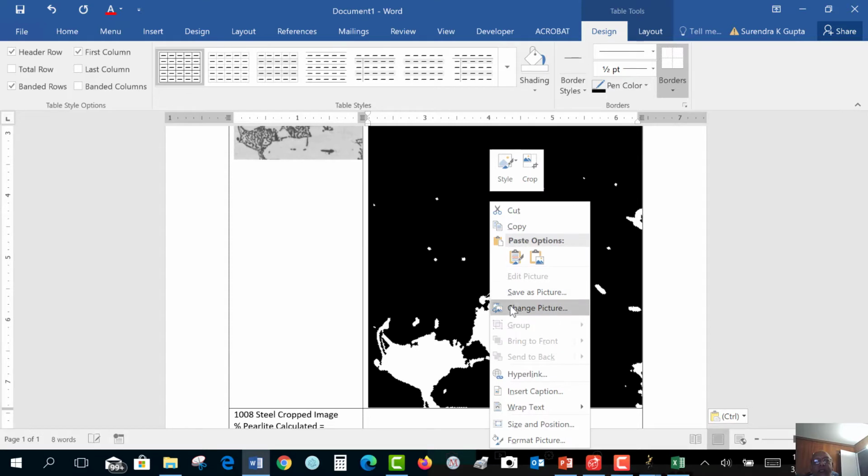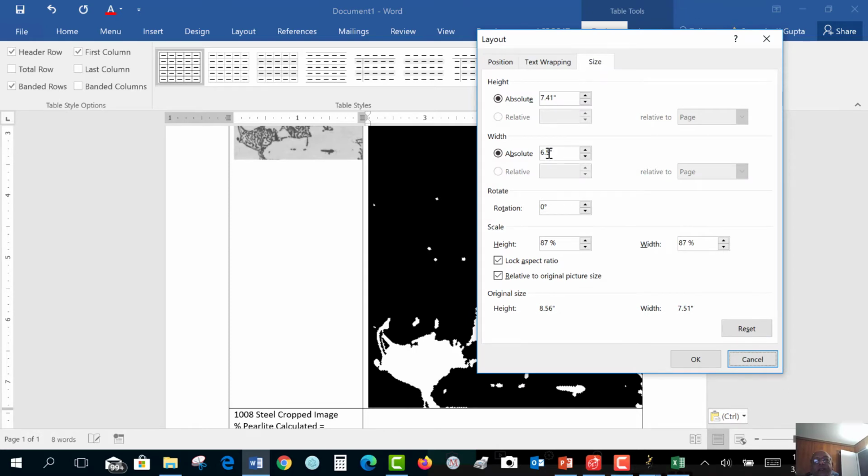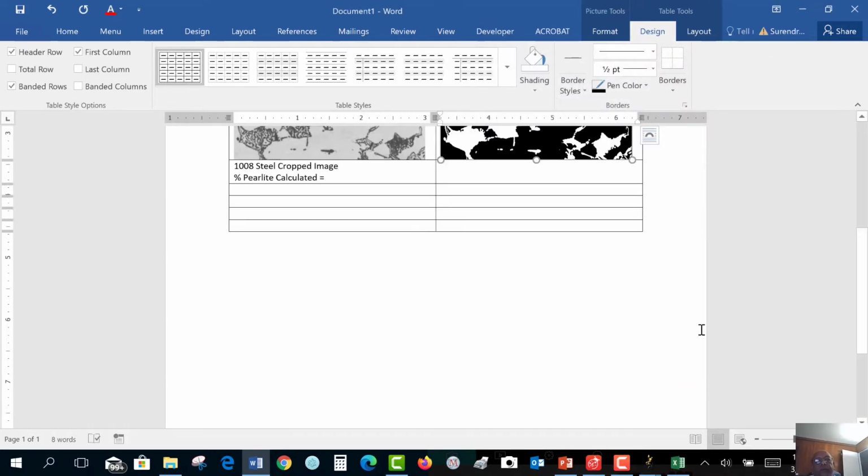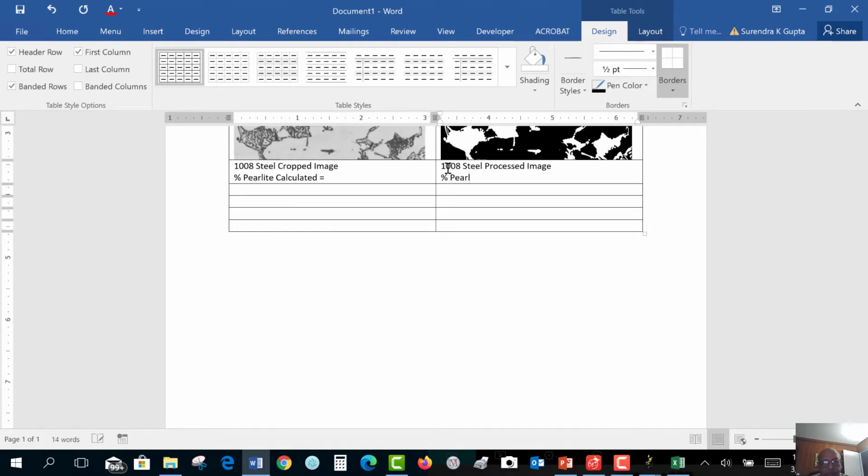And again, I want size 3-inch width, so this is 1008 steel processed image and percent perlite measured is 12.5%.